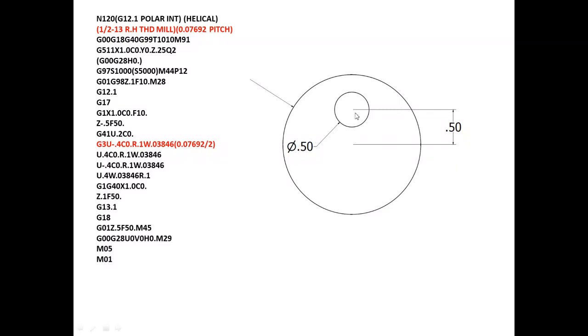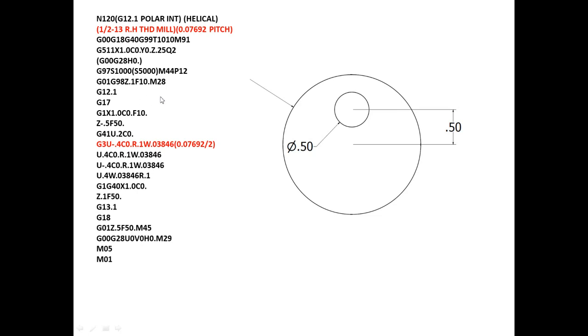This one is from inside to out. If you want to go outside to in, you need to change it. Instead of G3, you're going to go G2, and W will be minus direction. Okay, that's the polar interpolation with the C-axis involved, helical thread mill program.